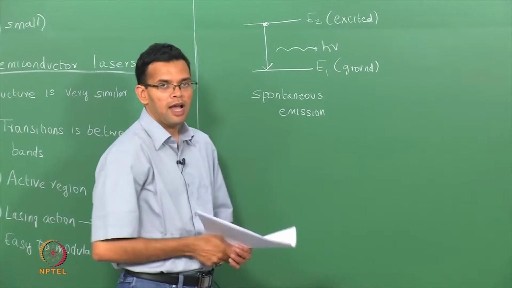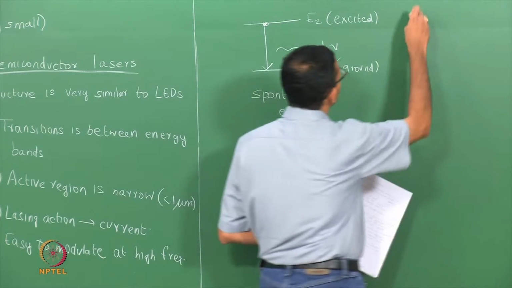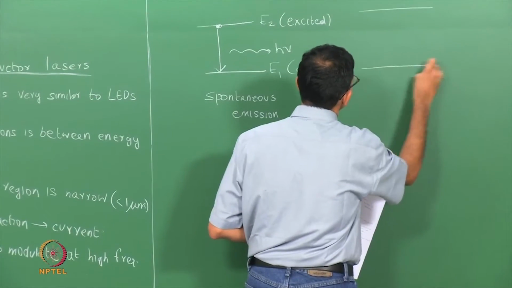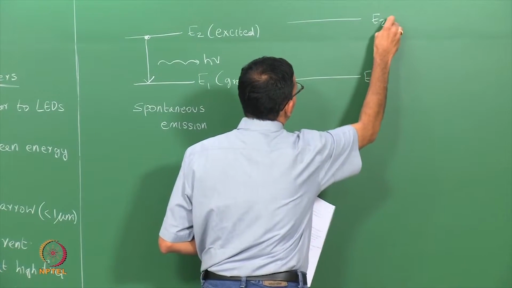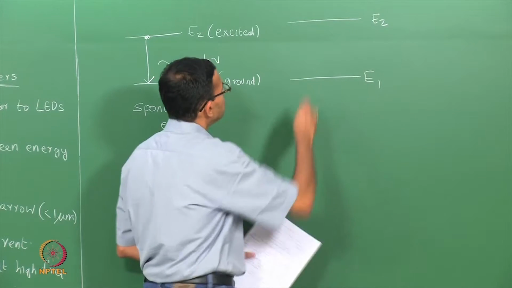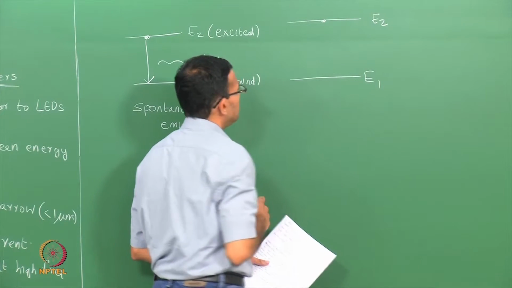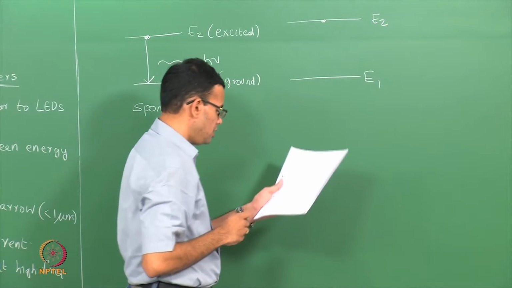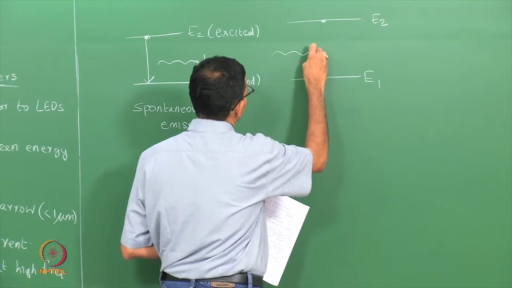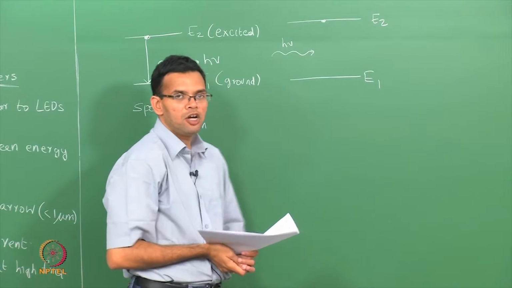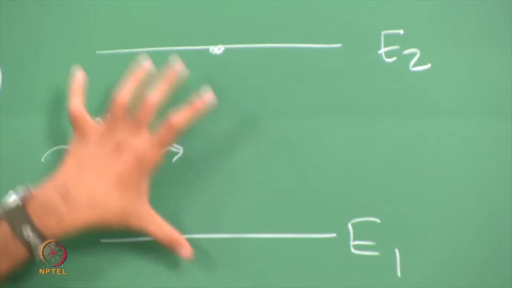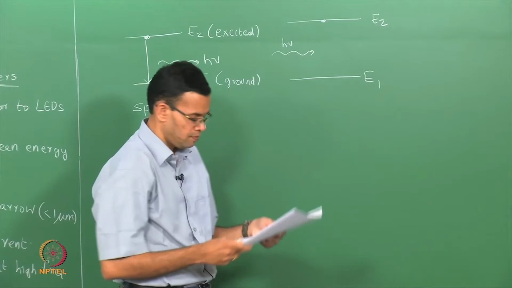You can also have stimulated emission. Once again, I have a ground state E1 and an excited state E2. I have an electron in the excited state. In this particular case, I have some incident radiation h nu, and the energy of the radiation coincides with the energy of this gap.